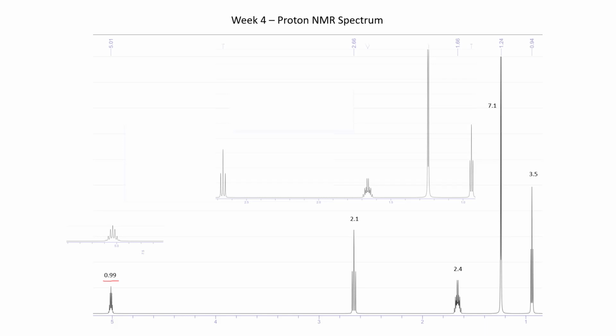So looking at this, we know we have an ester. And I'm going to go ahead and write out the structure of a generic ester, and we'll talk about how you determine the structure of an ester from NMR data.